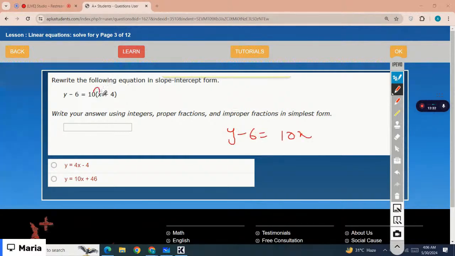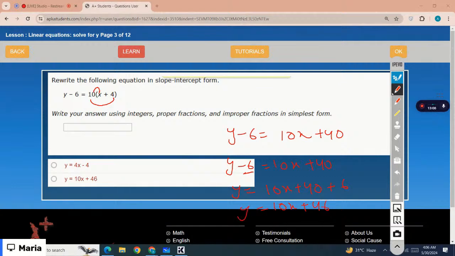You have to multiply 10 times x, then 10 times 4, that is 40, right? So y minus 6 equals 10x plus 40. You need to move that negative 6 to the other side, so y equals 10x plus 40 plus 6. So that is 10x plus 46.